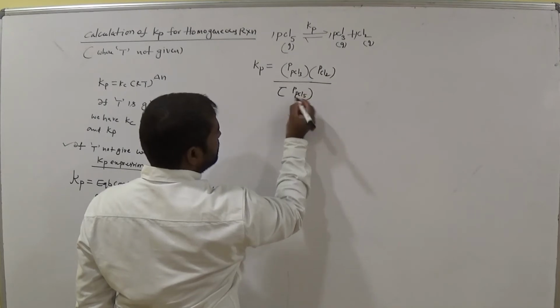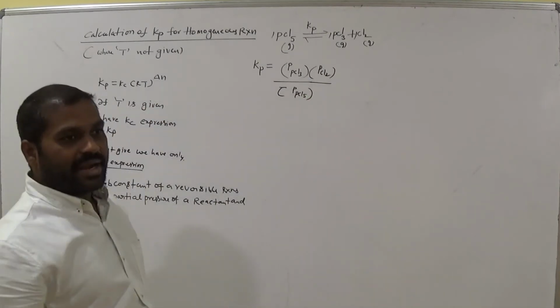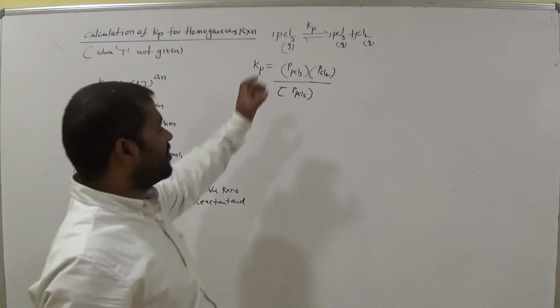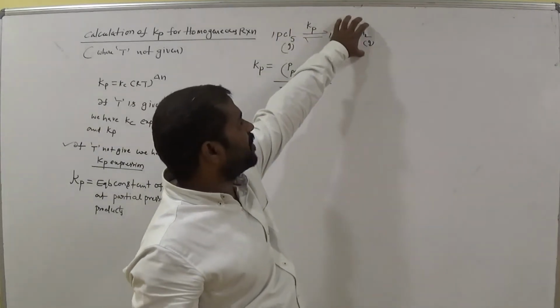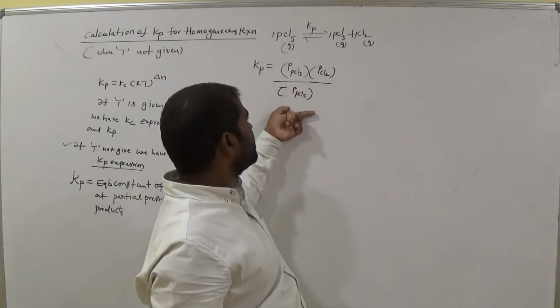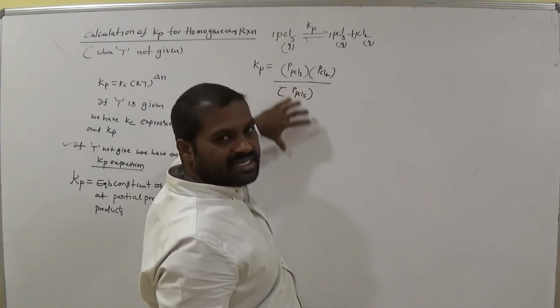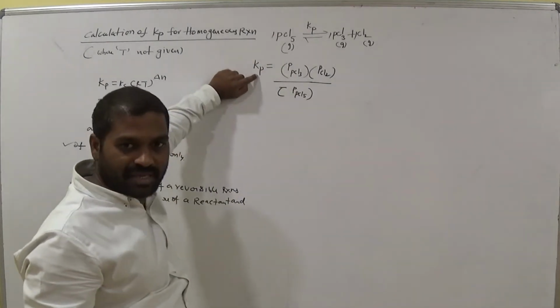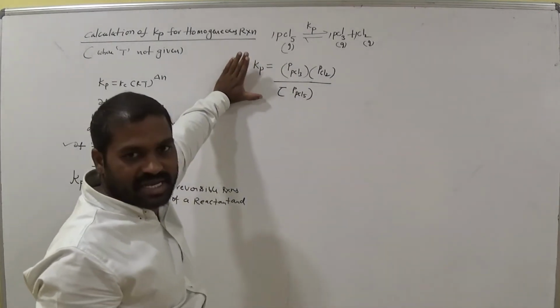Don't get confused: the round bracket represents the partial pressures of the reactants and products. First write the partial pressures of the products, multiplied, and divide by the partial pressures of the reactants. Then the equilibrium constant in terms of partial pressure is taken as Kp. This is the expression.